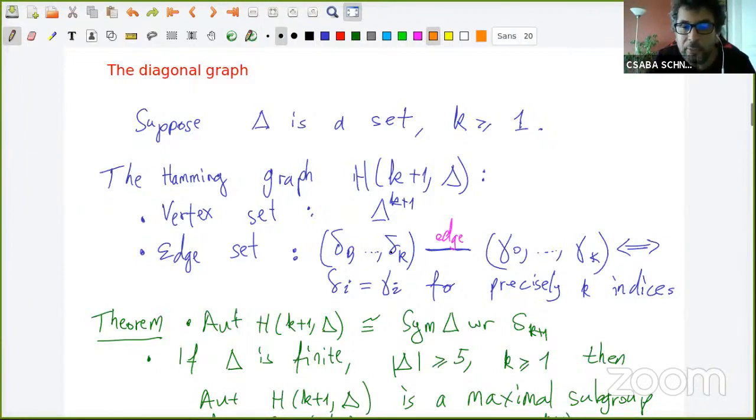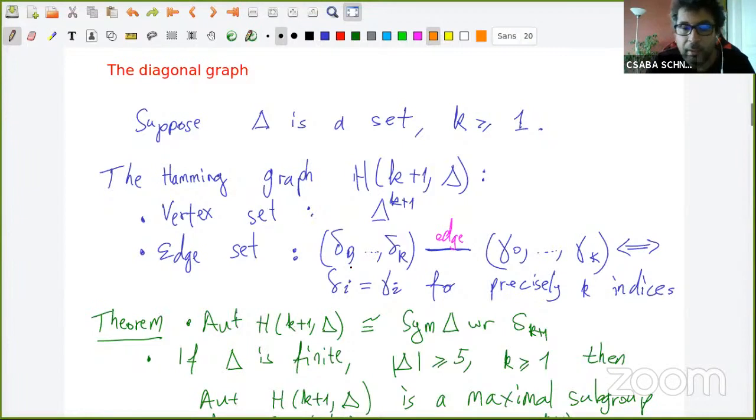Whenever I have two such vertices, they will be connected by an edge, or adjacent in the graph, whenever they are equal for precisely k indices. So all the entries are equal except for one entry, and that entry has to be different. So we are not allowing loops. So this is the Hamming graph.